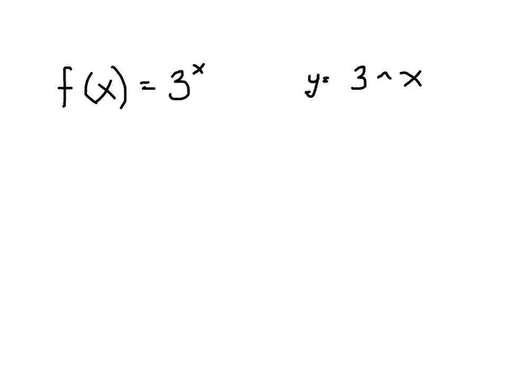After that, they're going to ask you to graph them, which again, we'll use the same one. We'll use 3 to the x. And if I was graphing that, you can put this into your graphing calculator. You go y equals 3 caret x button and then hit graph. And you'll see something that does this, and this also depends on the age of your calculator and if you have a color screen or not too.